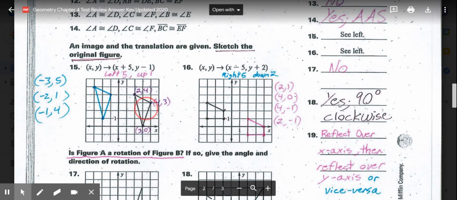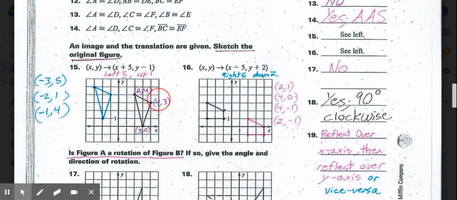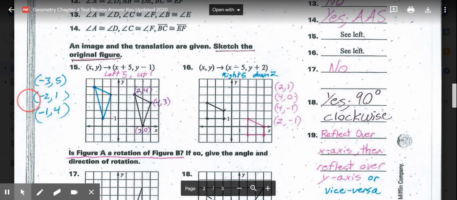So if they gave us this triangle right here at (2, 4), (4, 3), and (3, 0), the original translation tells us to go right 5 because x plus 5 and y minus 1. So that would be right 5, down 1. But because we're going back to the original, we're doing the opposites. So we're going to move each point left 5 and up 1. So your new triangle, the original, would be right here at (-3, 5), (-2, 1), and (-1, 4).